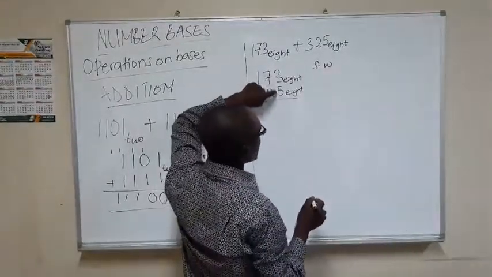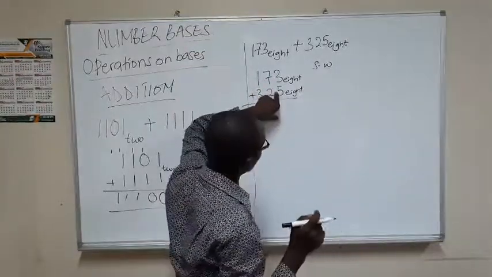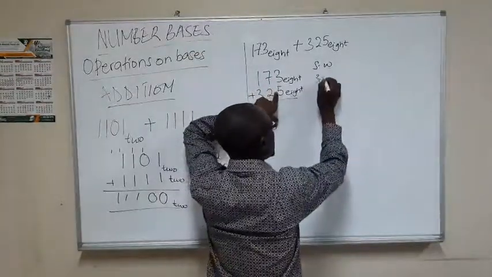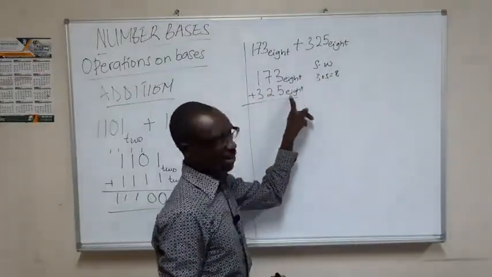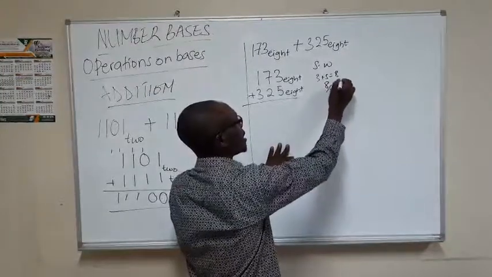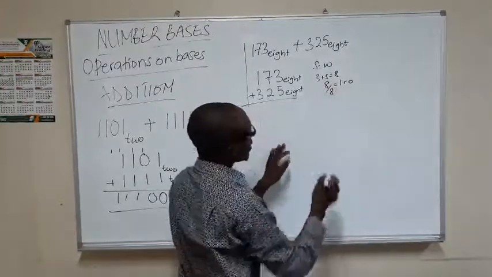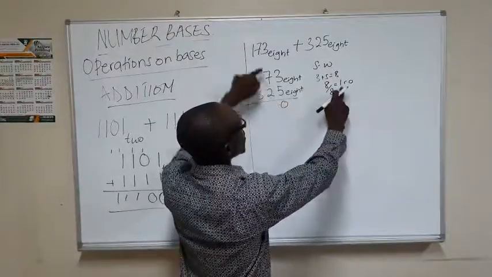3 plus 5, you get 8. But remember, we are in base 8. You don't record the 8. 8 by 8, I get 1 remainder 0. Record the remainder here, that is 0. This 1 we carry forward here.